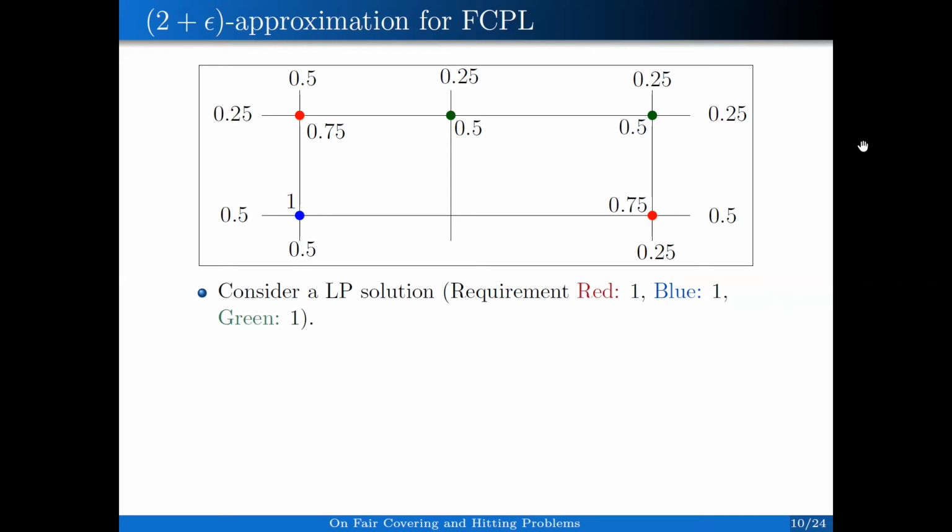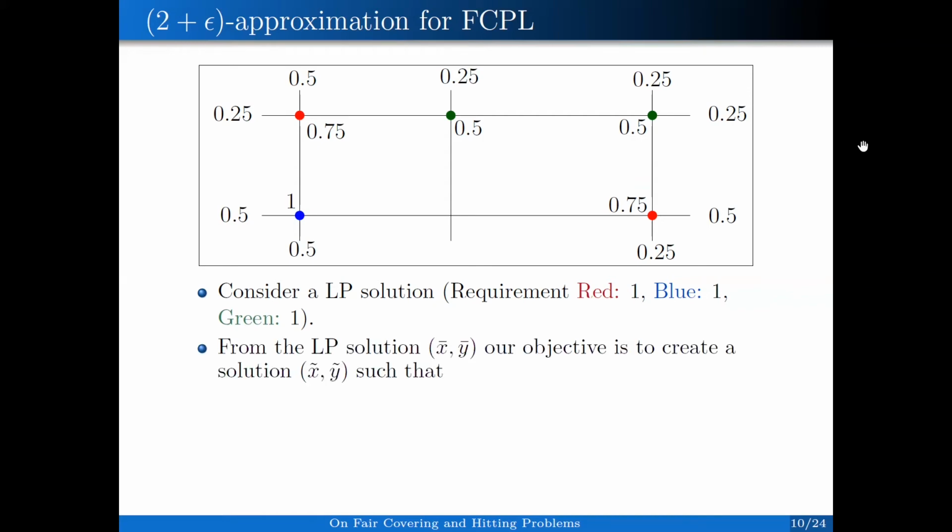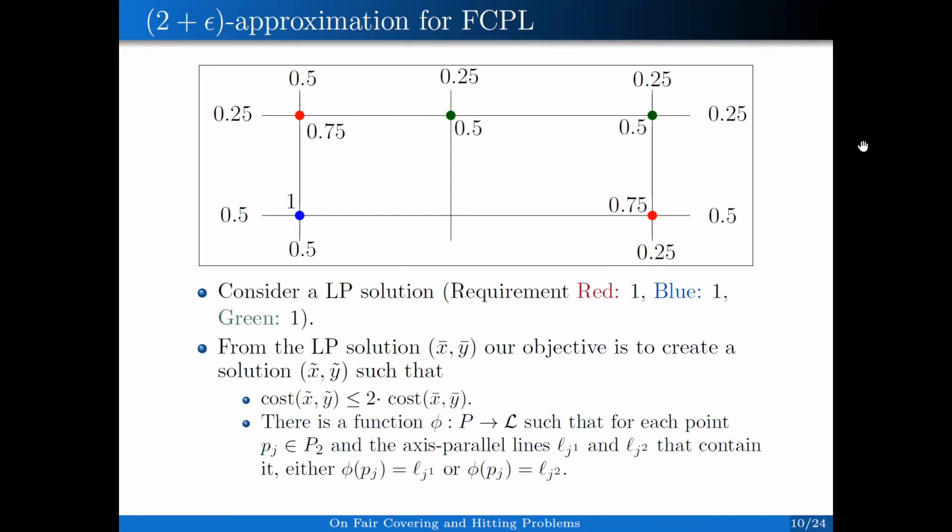And our first goal is to obtain a new fractional LP solution where the cost is increased by at most a factor of 2. And in this solution, each point is assigned to either the horizontal line or the vertical line. That means they get their coverage from exactly 1 line, not from 2 lines.